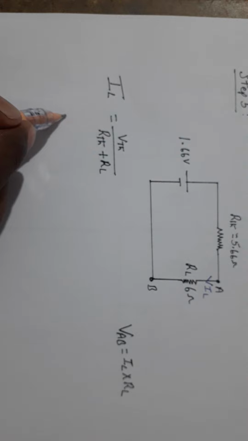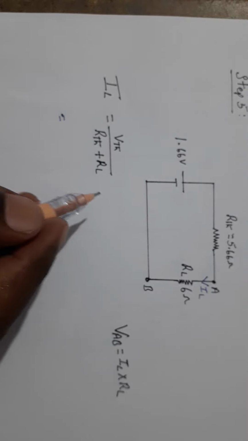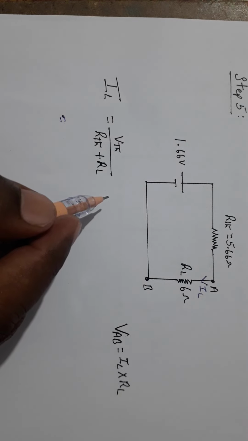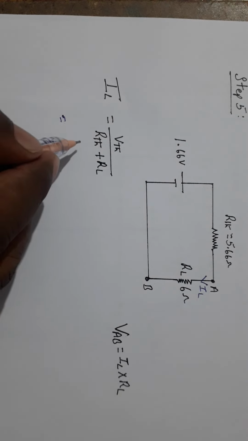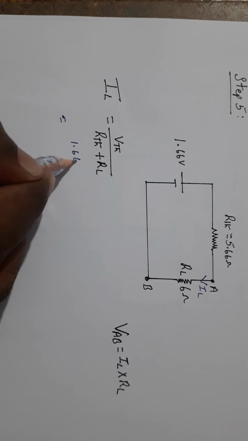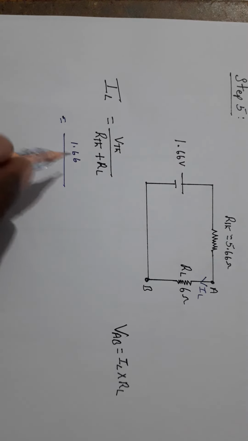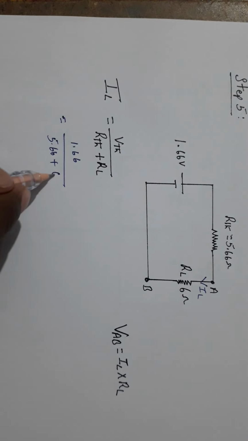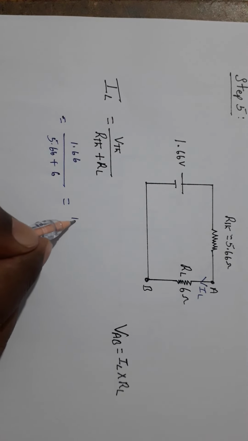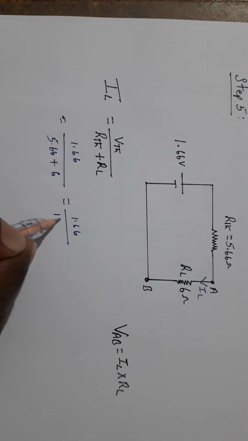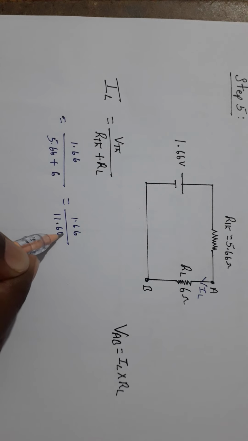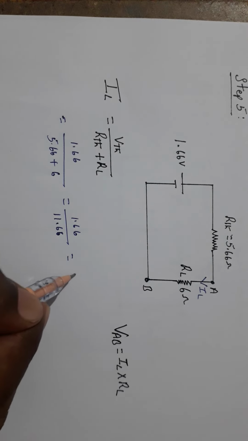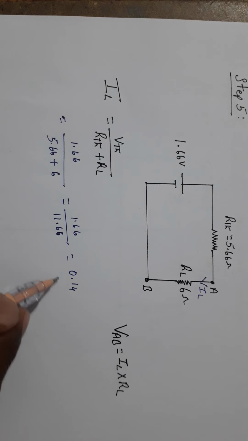You know the value of VTH equals 1.66 volts divided by, you know the value of RTH equals 5.66 ohm plus the load resistance, which is equal to 6 ohm. That equals 1.66 divided by 11.66, that equals 0.14 amp.